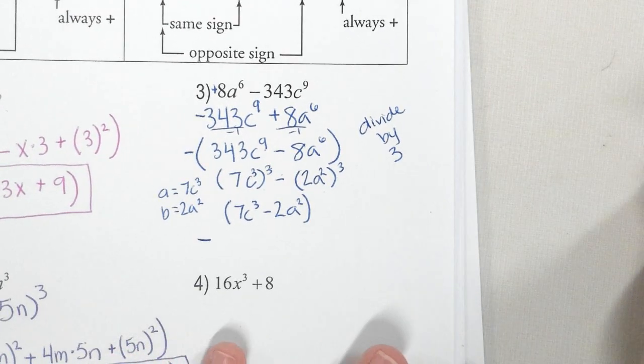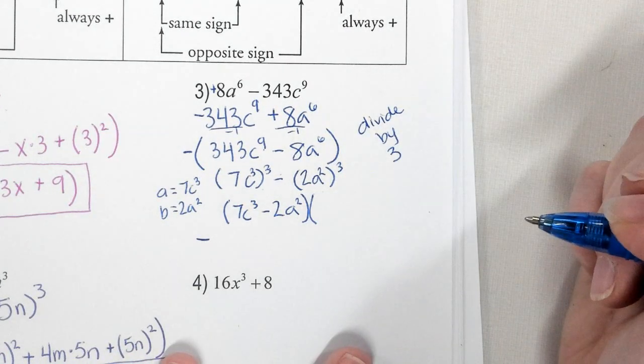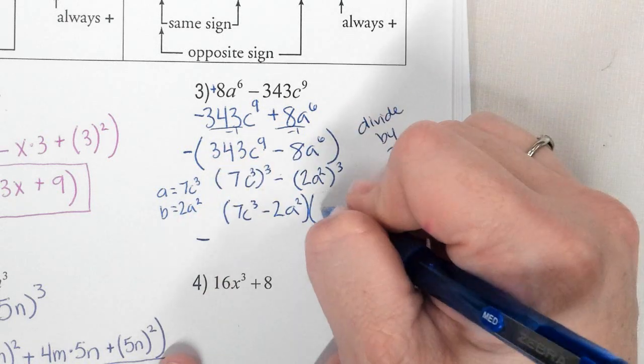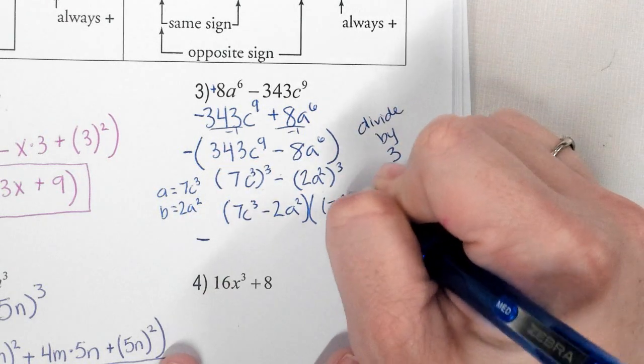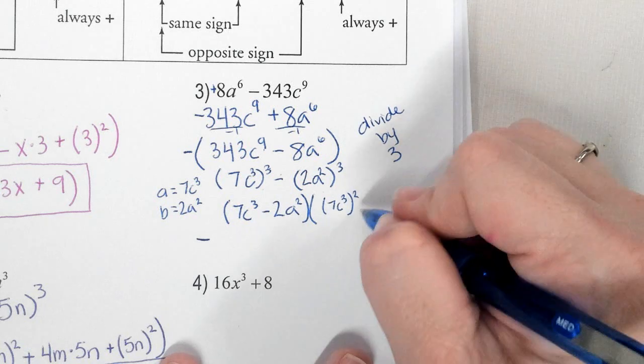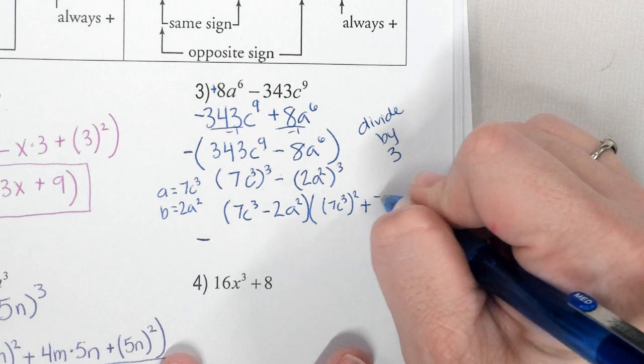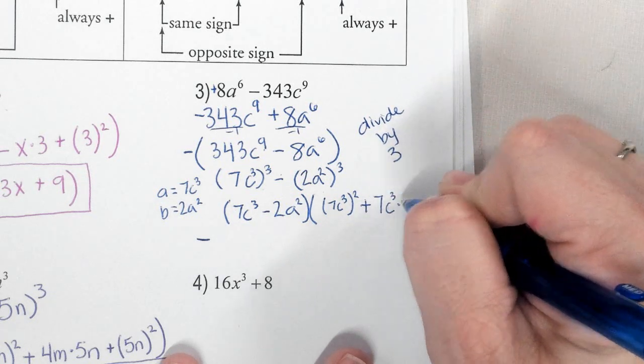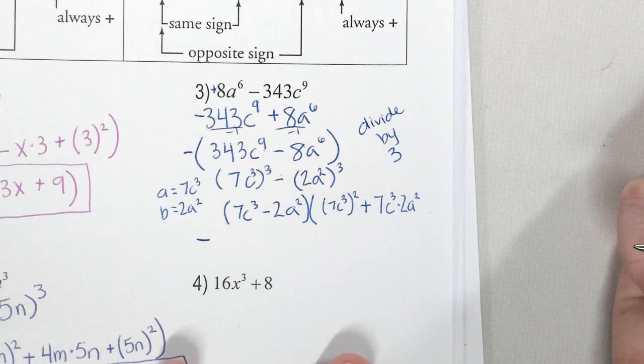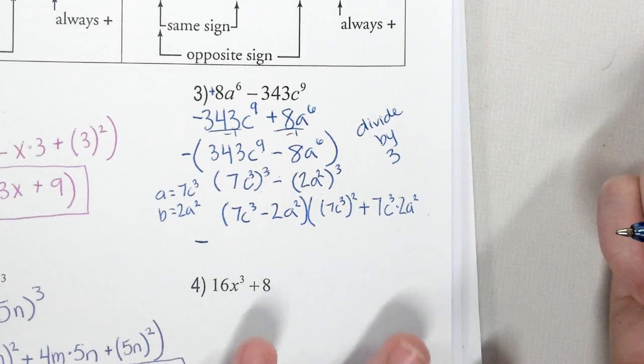Now what? A squared. So 7c cubed squared plus, because that's my opposite sign, a times b, 7c cubed times 2a squared. I'm running out of space, so I'm squeezing it.